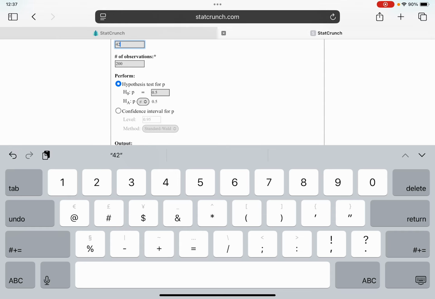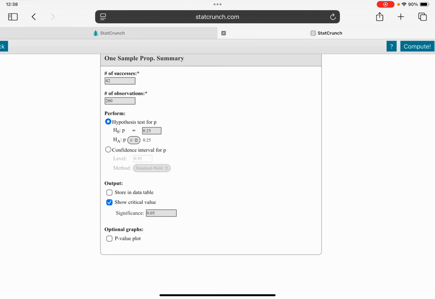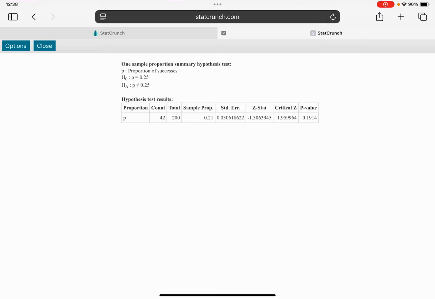And then hypothesis test, we're just going to make it look like how we wrote it down. Yeah, 0.25 is what we put there, and not equal. Right. Can always show a critical value, good habit. And then that's it. Let's see what we get. So here we got 0.1914. So again, a little off from what we calculated, but that's okay.